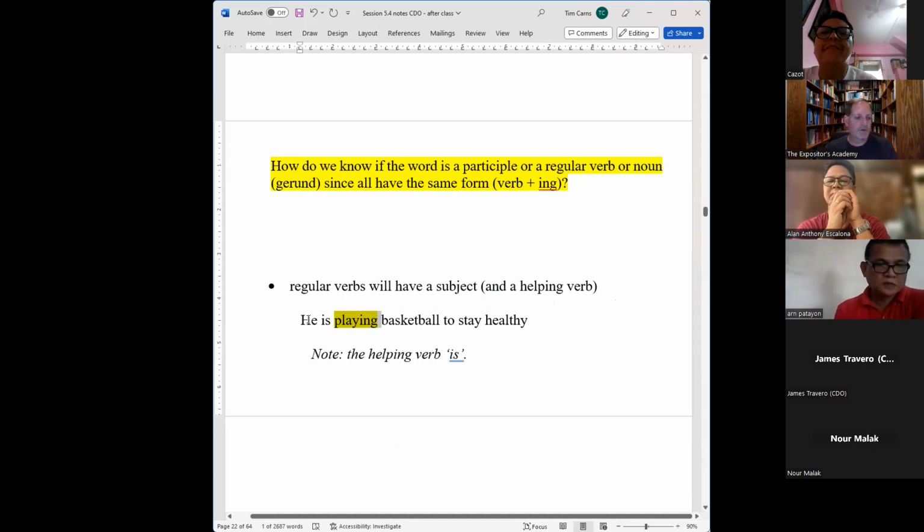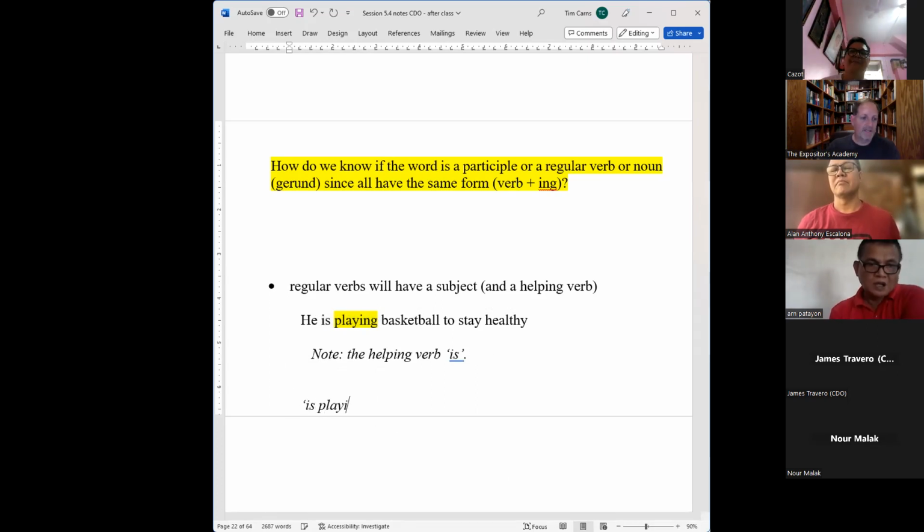One is, notice there's a subject, he, and a verb of being, is, or it's called a helping verb in this case. He is playing. So is playing is the full verb here, a continuous action. Is playing is the verb in this sentence.